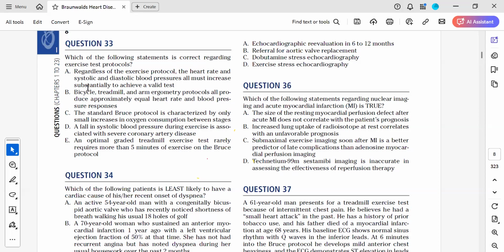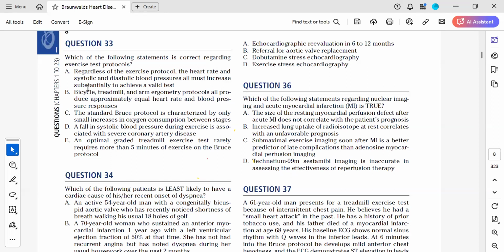Then also, as we know, one of the primary limitations of the Bruce protocol is the large increase in oxygen consumption, which is noticed when people go from one stage to another. People can start from 5 METs, and then the next can go to 7, then 9.